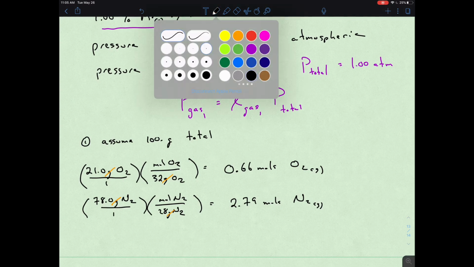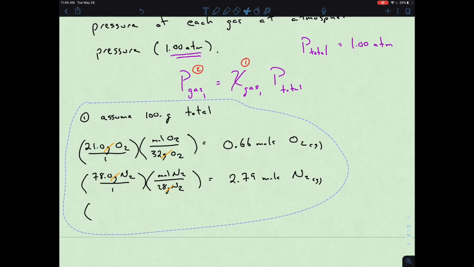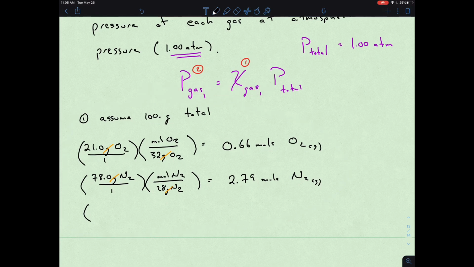And then we want to do the same thing with our argon by taking that 1 gram and dividing by its atomic molar mass of roughly 40.